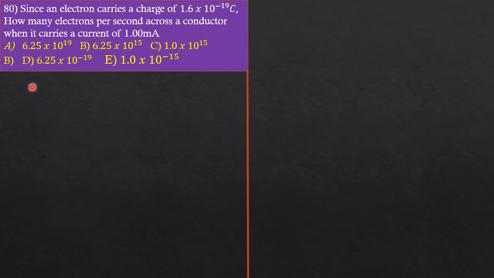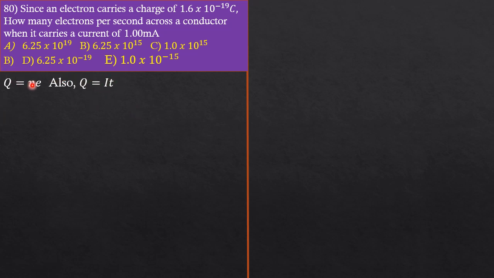We are going to examine one of the powerful formulas we know in electrostatics, which simply says that the charge Q is equal to Ne, where N is the number of free electrons, e is the elementary charge of an electron, and Q is the charge in which we are interested. We also know that Q is equal to IT.